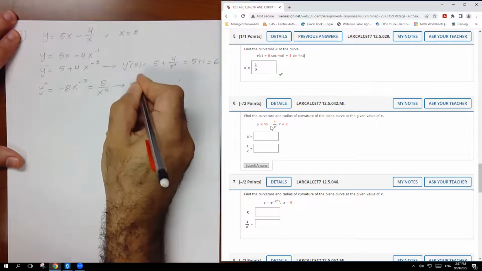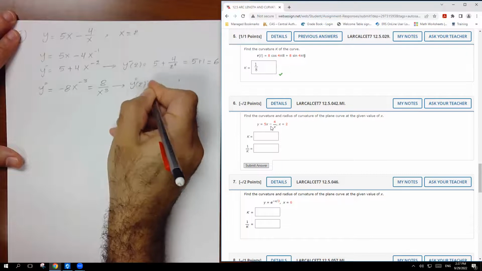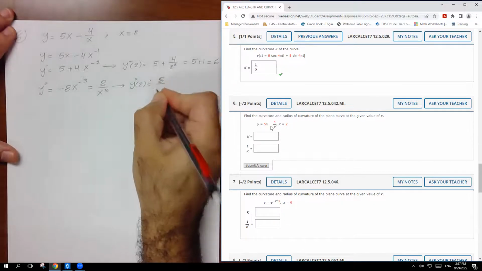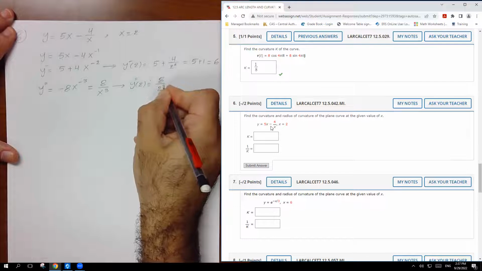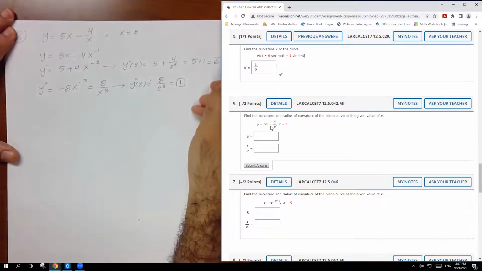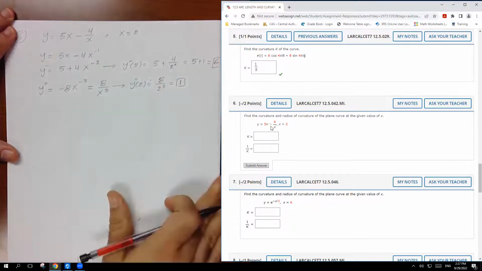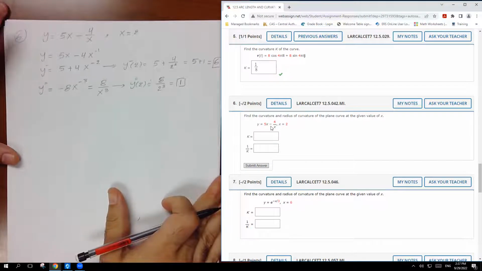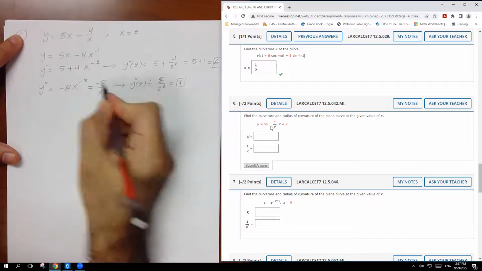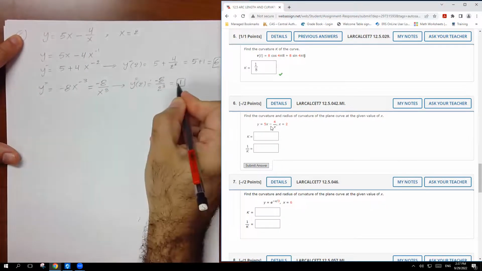Then y double prime when x equals 2 is going to be negative 8 over 2 cubed, so it's going to be negative 1.